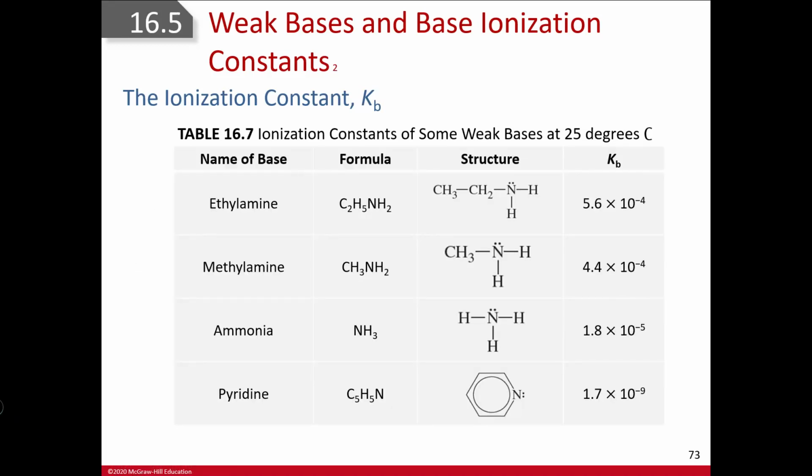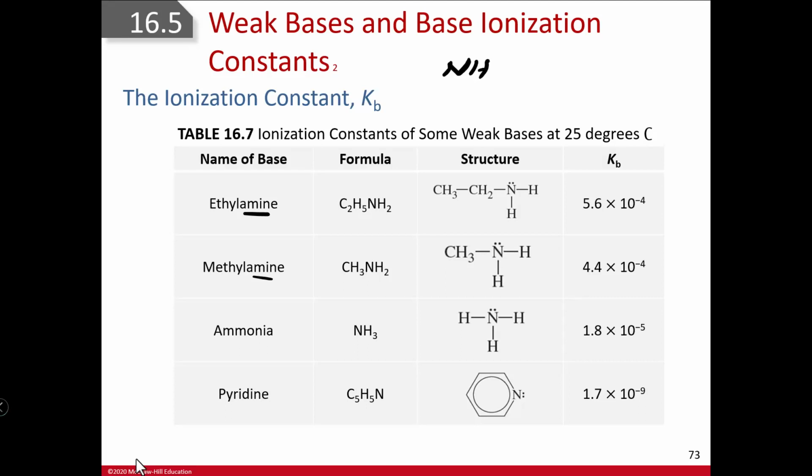So here are some examples of weak bases, and notice most of these are covalent compounds. These are not metal hydroxides. You would generally consider these organic compounds. So we have ethylamine, methylamine, and what I want you to think about here is that when you see the word amine, it is derived from ammonia.